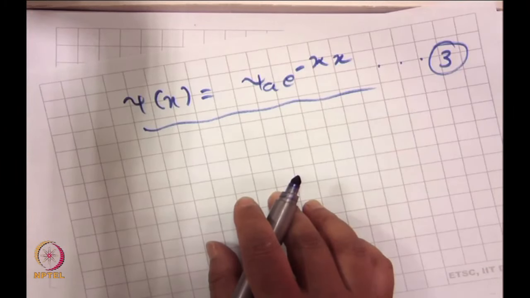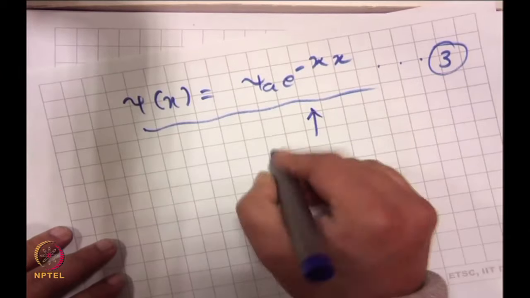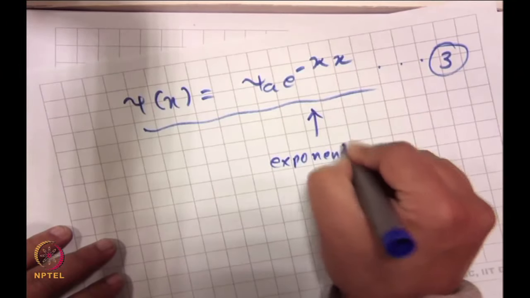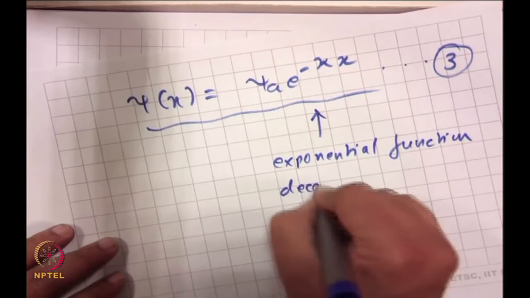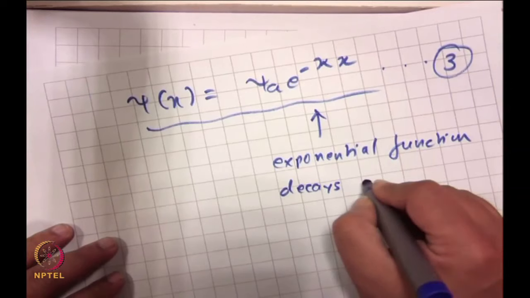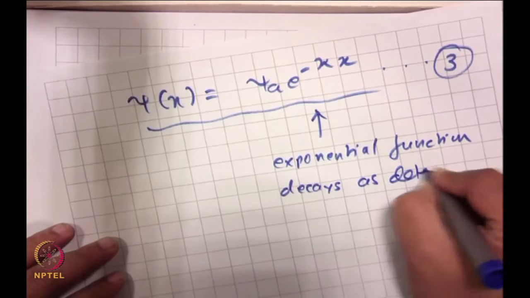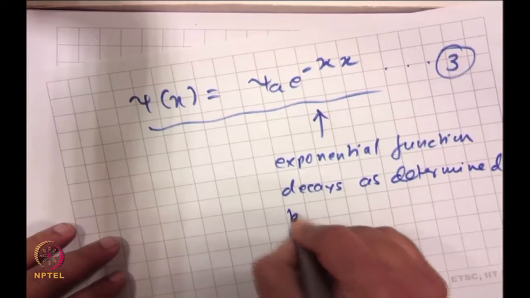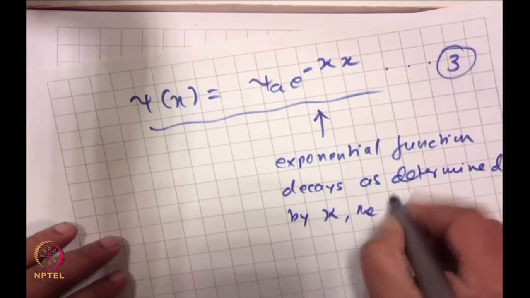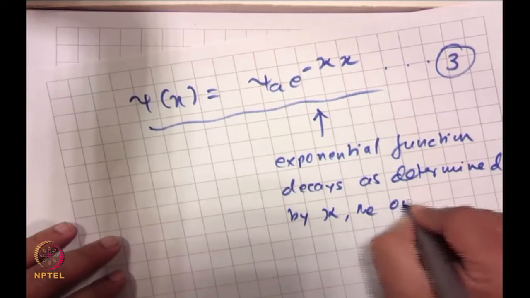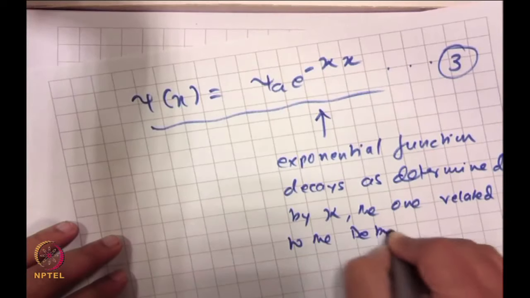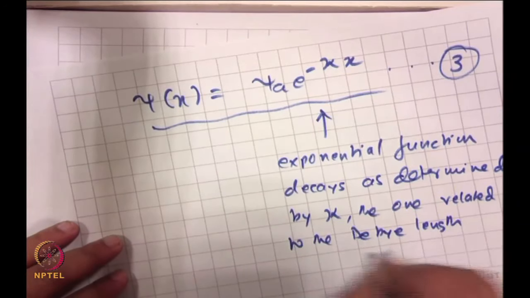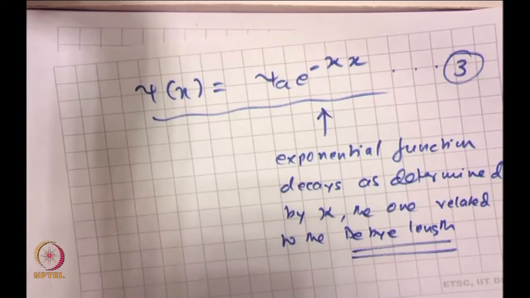So, this exponential function decays as determined by kappa, the one related to the Debye length, right.